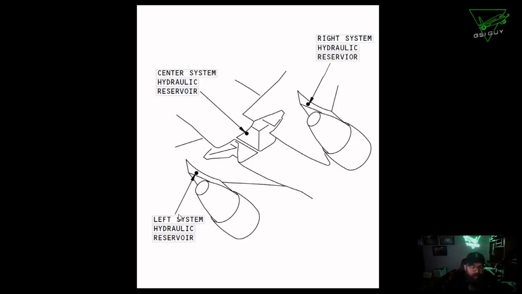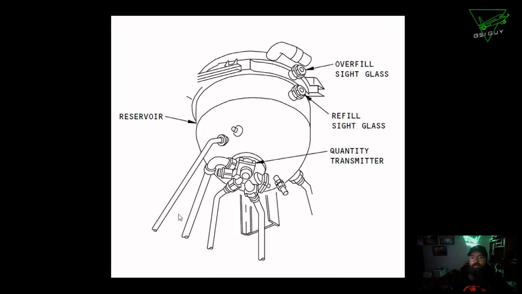So here's something else that's kind of cool, or neat anyway, in my opinion, is how the quantity actually gets transmitted to the EICAS. So see there where it says quantity transmitter, this thing down here at the bottom. That's actually like a long rod that goes inside of the reservoir.